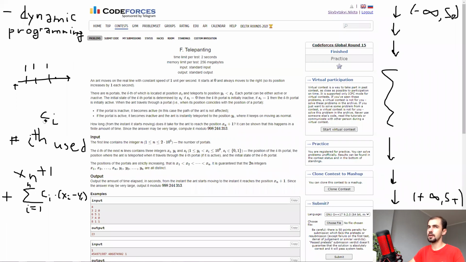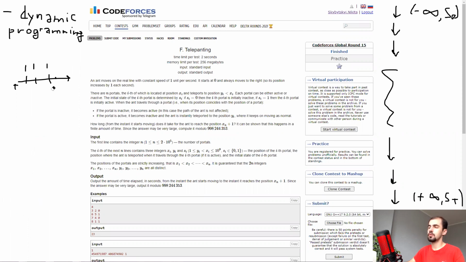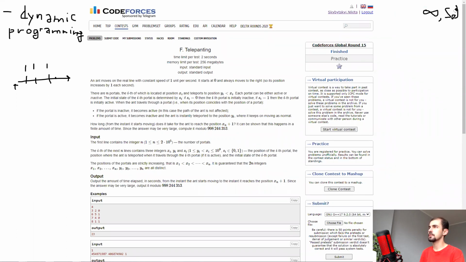So our focus will be on computing ci next. And we will use the observation that whenever we are at some location, all previous portals, and this of course denotes the X position of the portal, not the Y position, are active, turned on. So the terminal state, we already figured out, is just all portals are turned on, to answer the question that we posed to ourselves earlier.